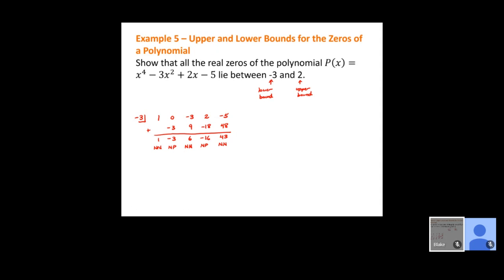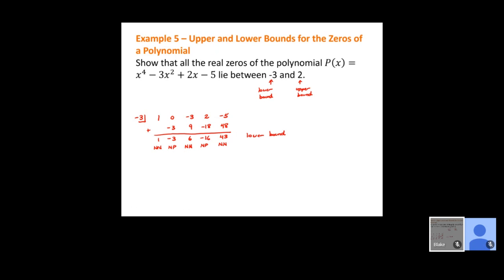And again, the reason we have to think of it that way is because there could be zeros in there, and we're going to look at an example of what happens in that case. Now, because that happens, we can say that this is indeed a lower bound of the zeros of that polynomial. Since it alternates non-negative, non-positive all the way down, now we know we have a lower bound.